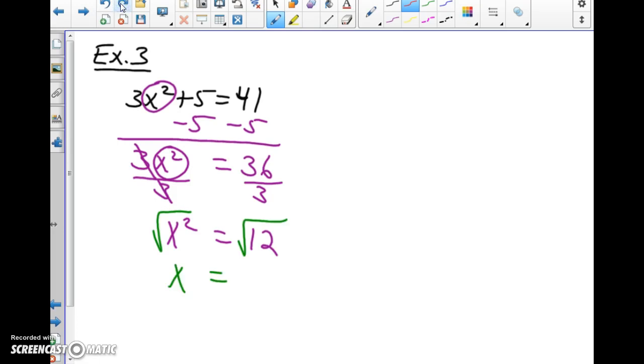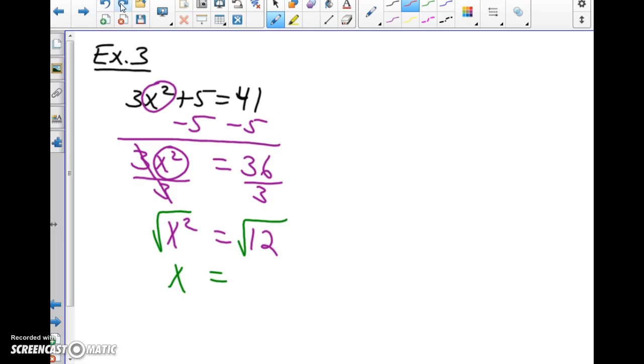Alright, this is what we just finished doing. What's the square root of 12 simplified? What goes into 12? 2 times 6. What goes into 6? 2 times 3.